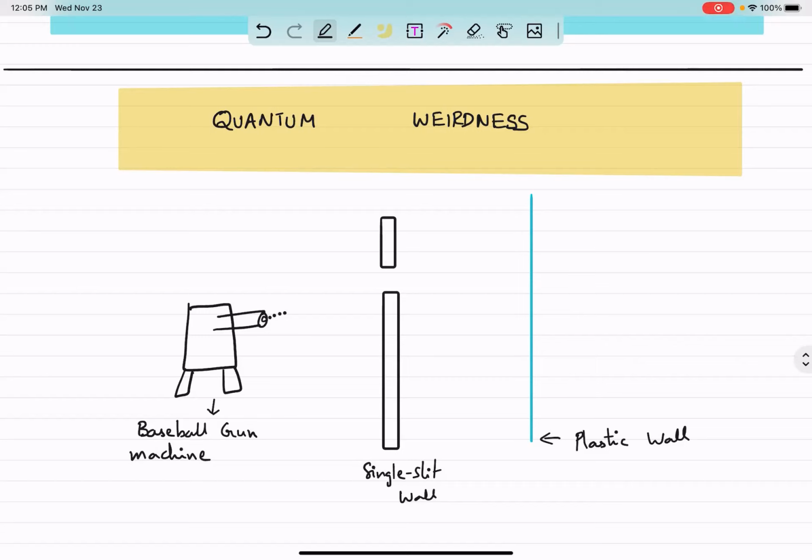If I shoot it like this in random directions, what do you expect will happen? Any guesses? How would the wall get dented? Yeah? Right. And somehow you would see more of a dent like this, right?